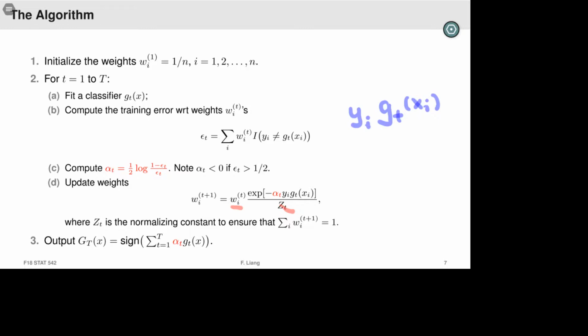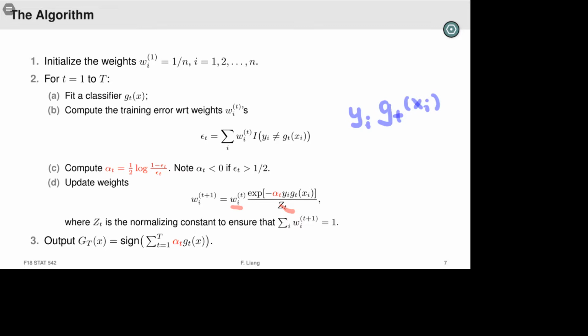Now with this minus sign, we're actually going to decrease the weight, right? So this is how we modify our weights, and the modification is based on how well we're doing currently at this iteration on this observation. So if we're doing badly, let's put more weight on this observation because we want to do better next time. If we're okay at this current observation, let's just decrease the weight, okay?